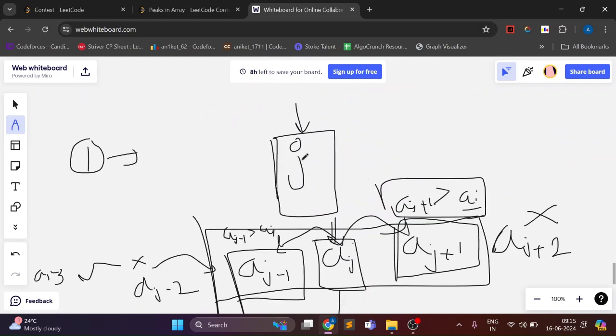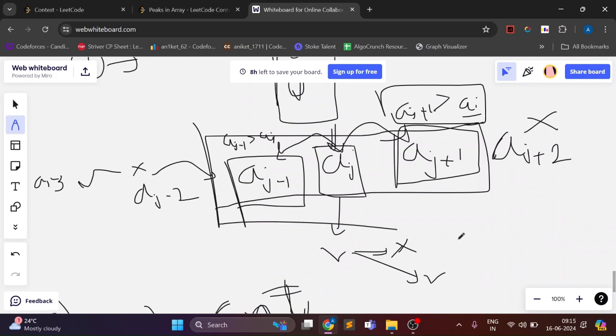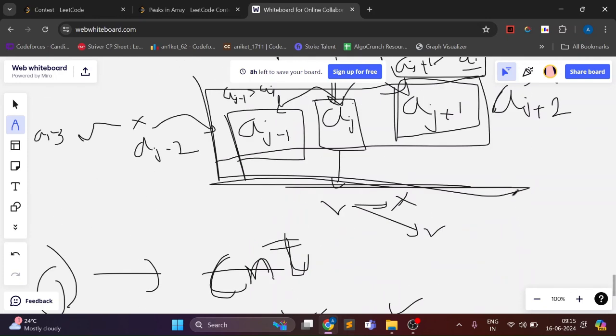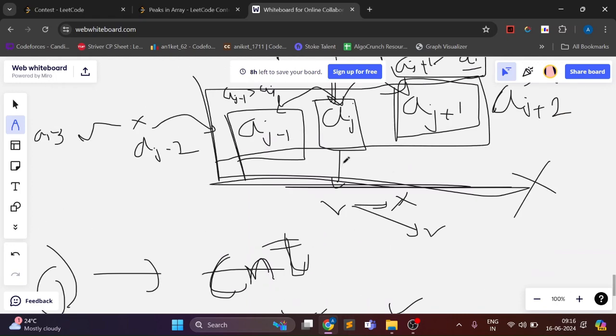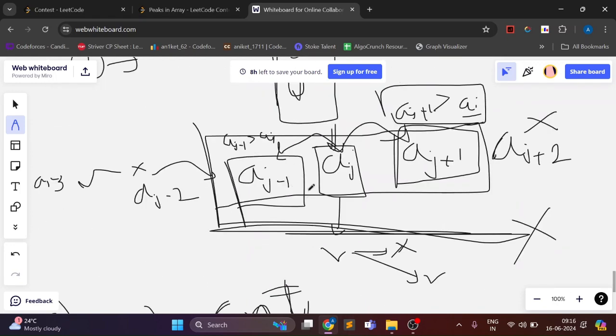Now whenever there is an update, I will iterate over these 3 elements first, and if they were previously peaks, then I will remove them from the set, then I will update the value of A of j with the new value, and again iterate over these 3 values.